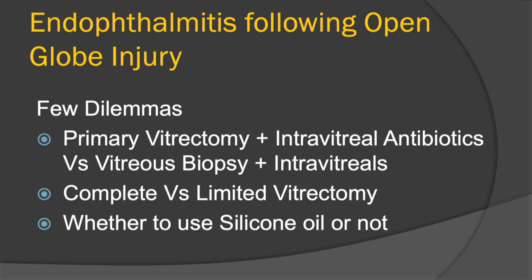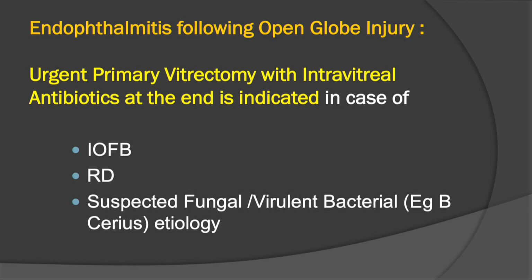Now, endophthalmitis following open globe injuries, there are a few dilemmas like whether you should go for a primary vitrectomy plus intravitreal antibiotics or a vitreous biopsy and intravitreals, whether you should go for a complete versus limited vitrectomy, whether to use silicone oil or not, etc. But in these scenarios, there is no confusion at all.